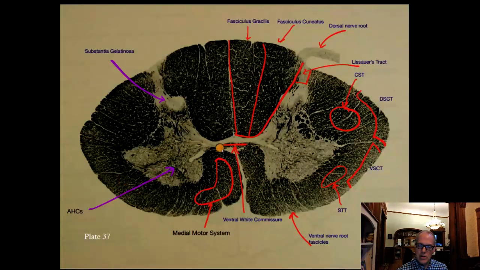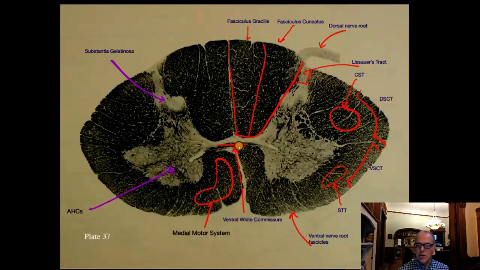Let me just say one thing about the ventral white commissure. We will talk next year about a central lesion of the spinal cord. Okay, this is called syringomyelia. And as this cavity develops in the center of the spinal cord, the first thing that's involved are the crossing fibers here for pain and temperature in the ventral white commissure.